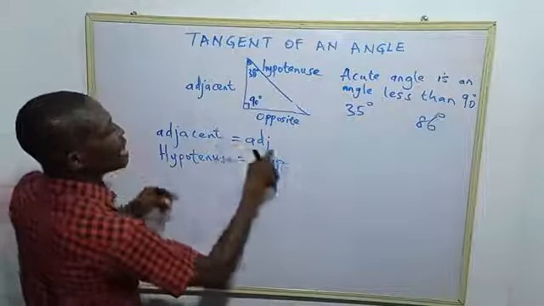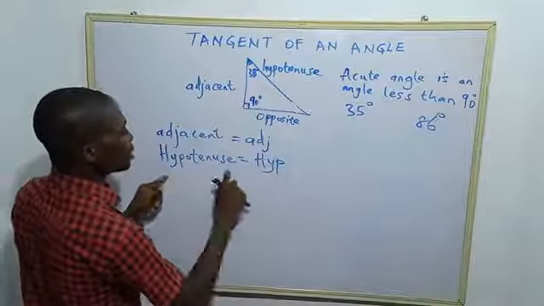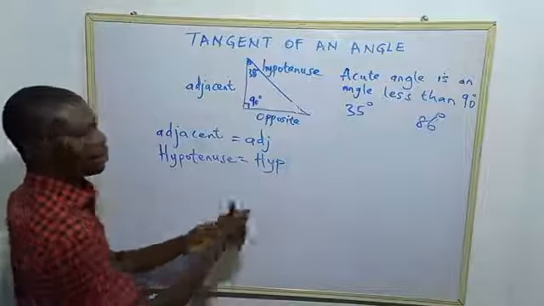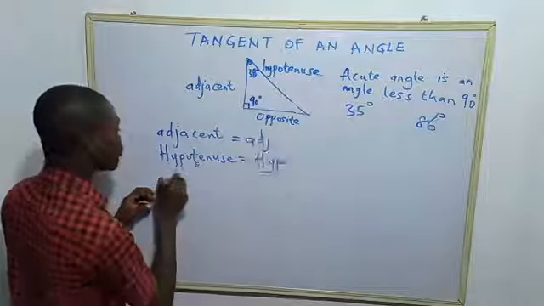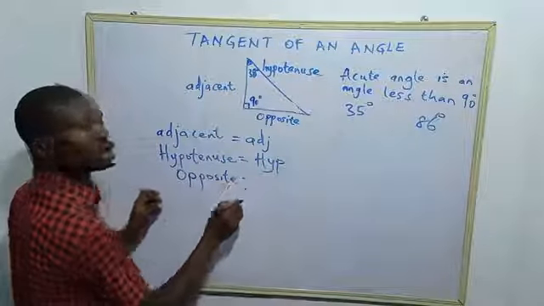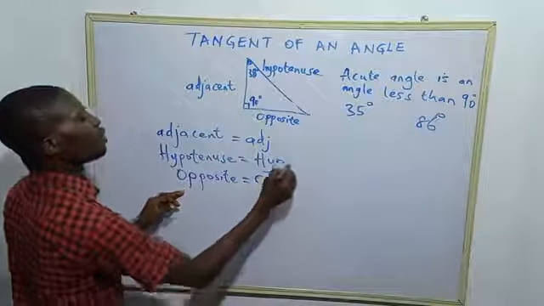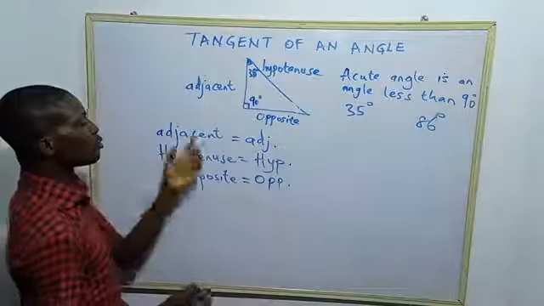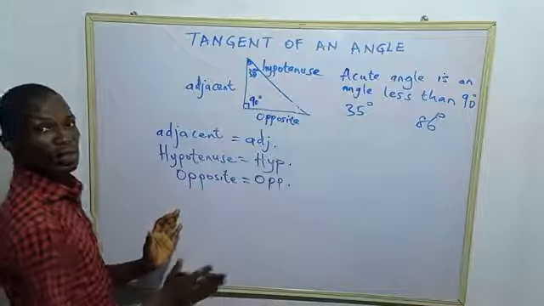So when you see ADJ, it means adjacent. When you see HYP, it means hypotenuse. Then the third one, opposite. Of course, what are the first three letters there? It is OPP. So these are the short forms of the words. I believe you have noted all those mentioned.